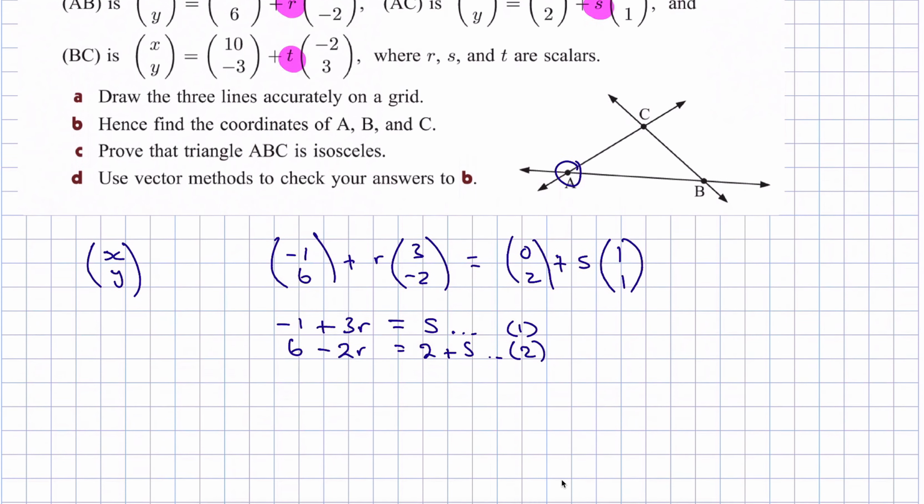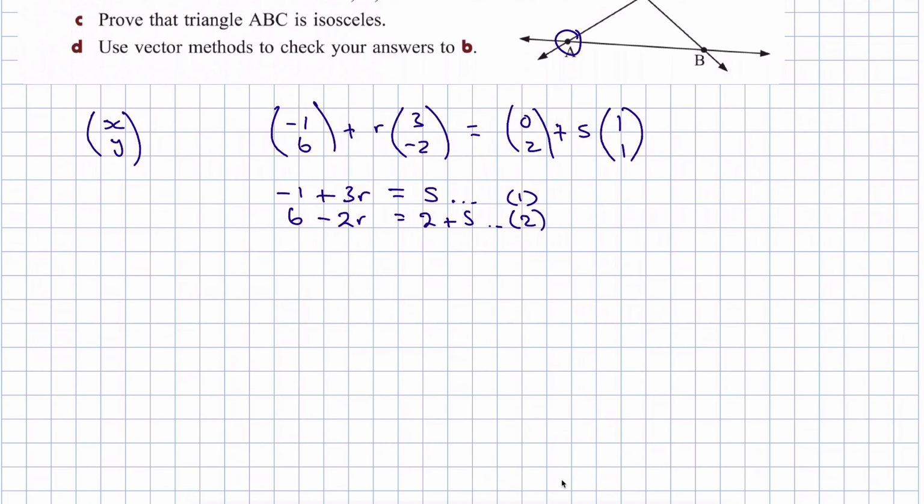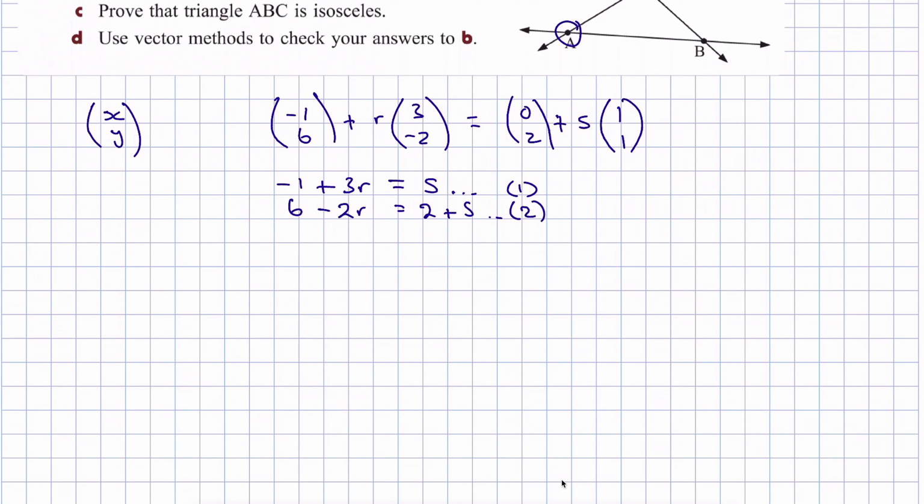Your choices are yours. The book, I think, in their example, lines them up and uses the elimination method. Perfectly okay, but you're going to have a calculator, so just line them up. I would rewrite the first one as 3r take s is equal to 1, and the second one as negative 2r, take s, equal to negative 4.